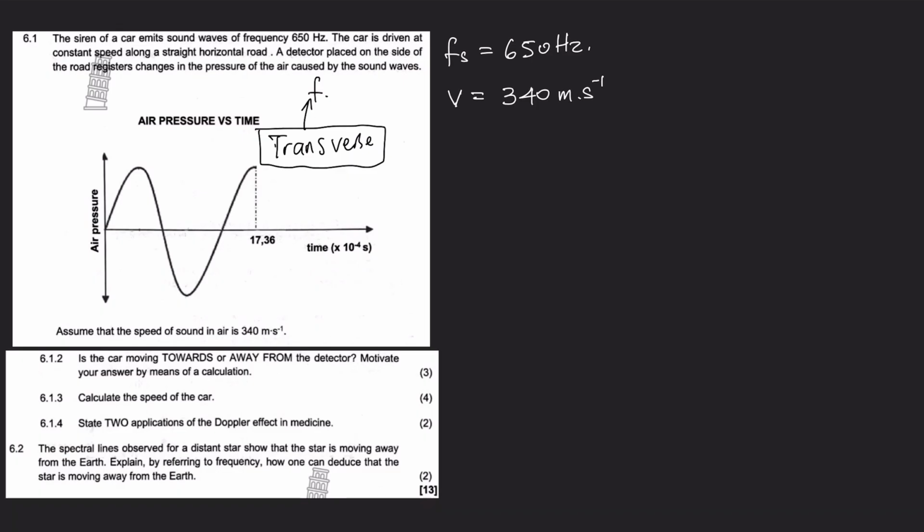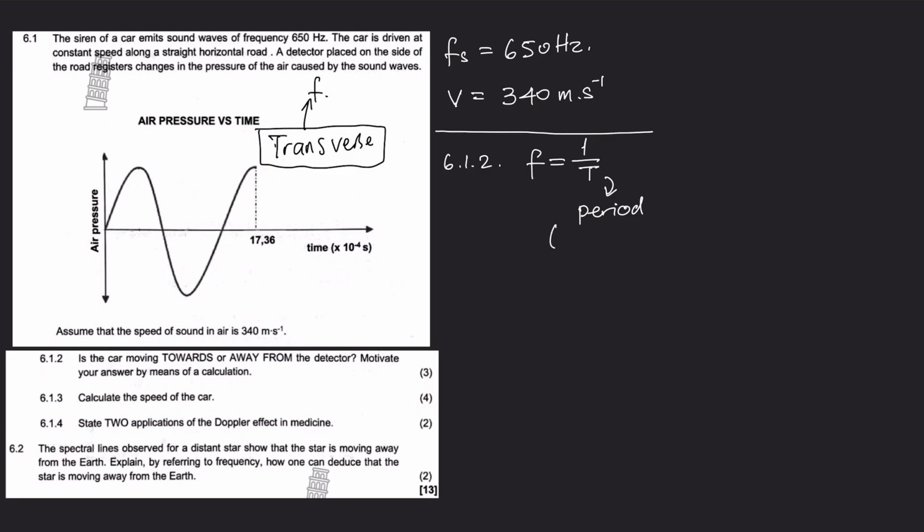detector. Now, in case you may have forgotten, you can calculate the frequency of a transverse wave like the one that we have here in one of two ways. For question 6.1.2, you can calculate the frequency by saying 1 over T, where T is our period.